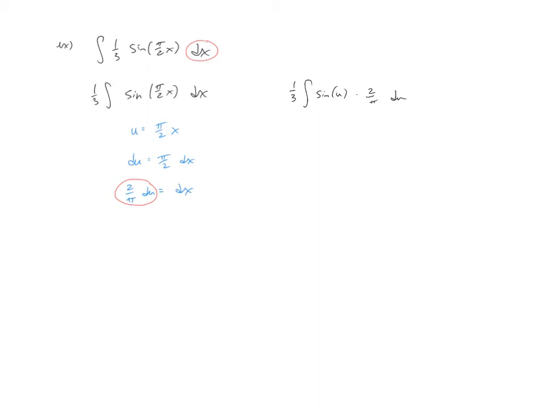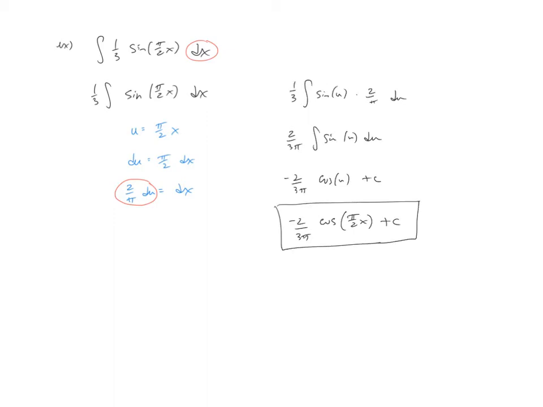The 2 over pi can come outside of the integral symbol, so that's going to be a 2 over 3 pi integral sine u du, and the integral for sine is negative cosine, so we get our negative 2 over 3 pi cosine u plus c, and then when we make our substitution back into x's, we have our negative 2 over 3 pi cosine of pi over 2x plus c, and that's us using that formula from the beginning of chapter 5 where we had negative 1 over k cosine kx, and so our k just happened to be the pi over 2, but by a u sub, that's where those formulas come from.